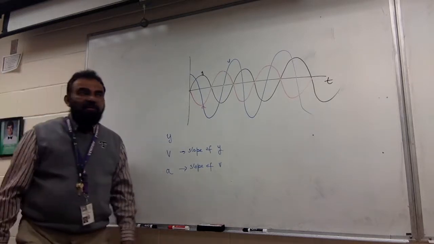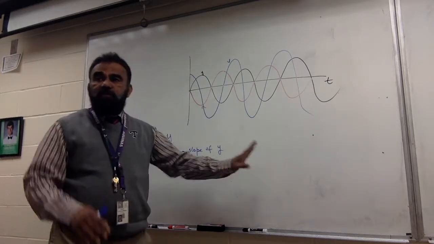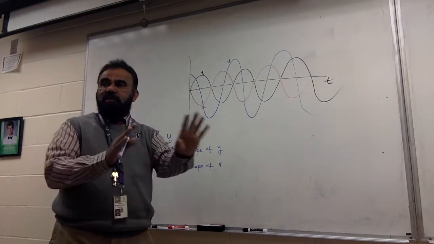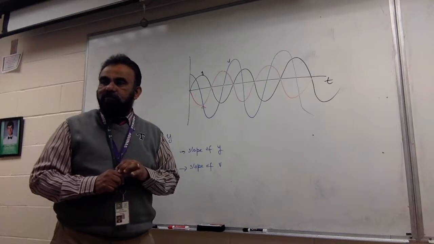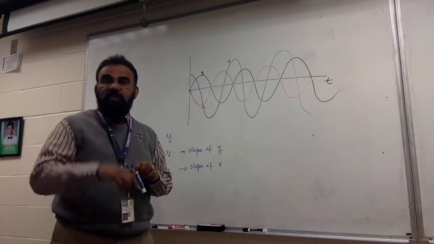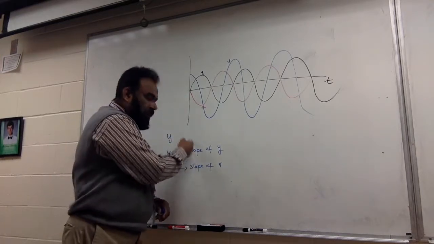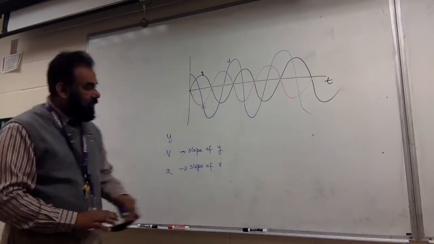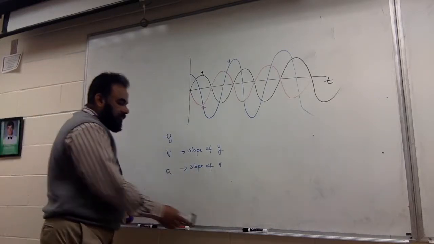So if you're given a graph of something varying against time, and if you're asked to plot the other ones, this is what you need to really follow, and you should be able to get it. I'll show you a sample.